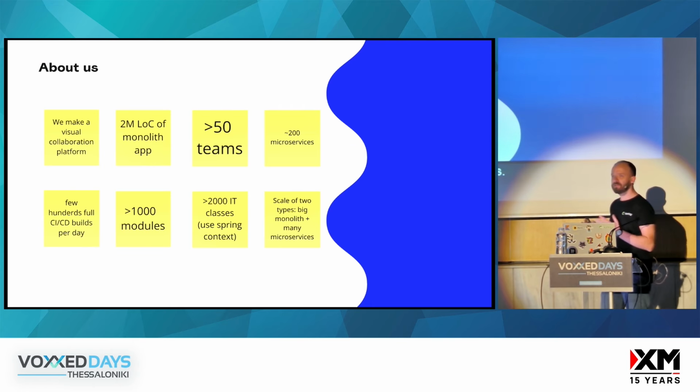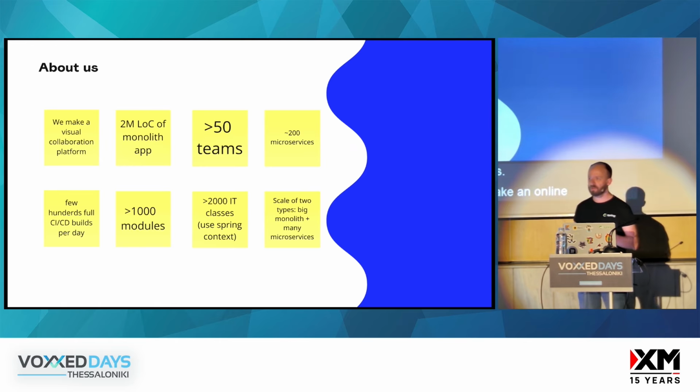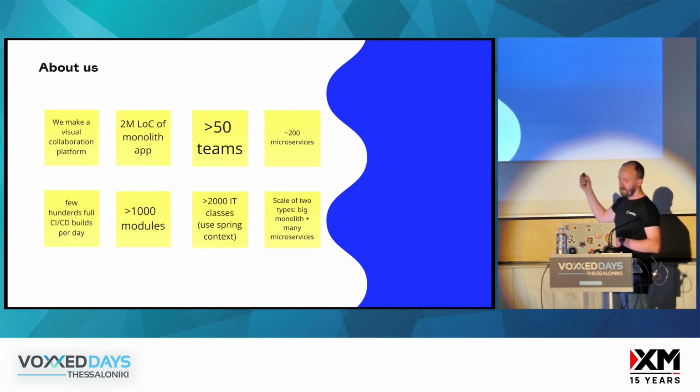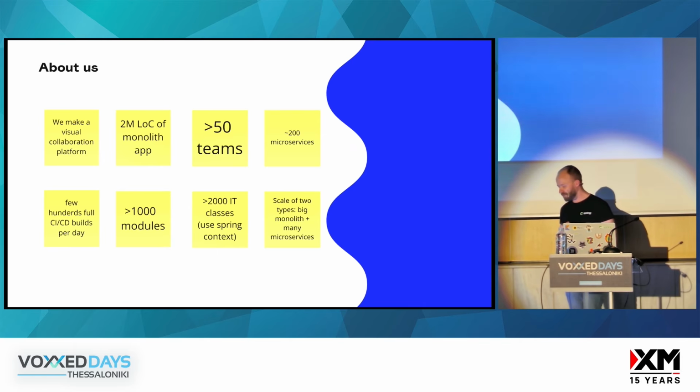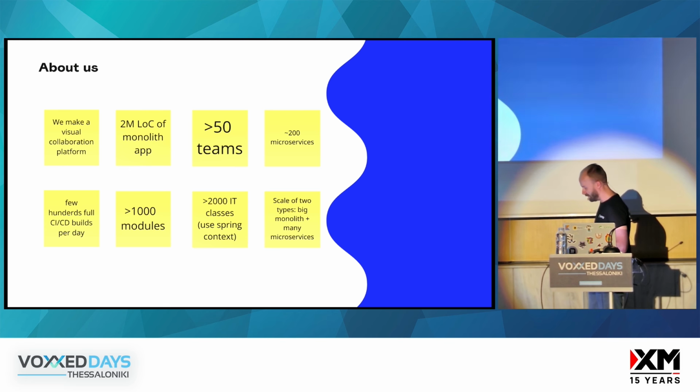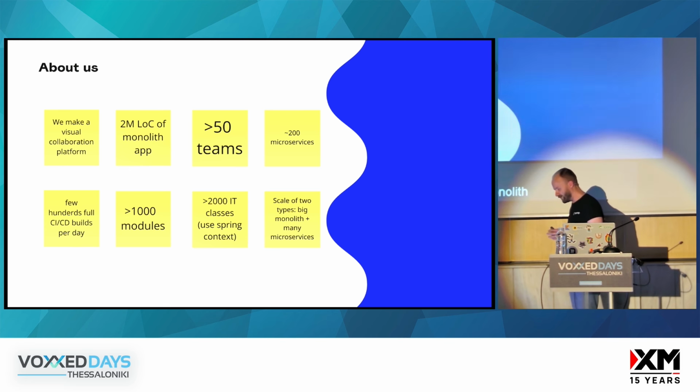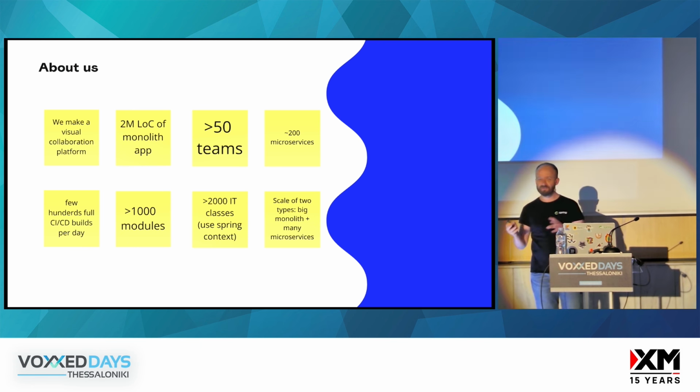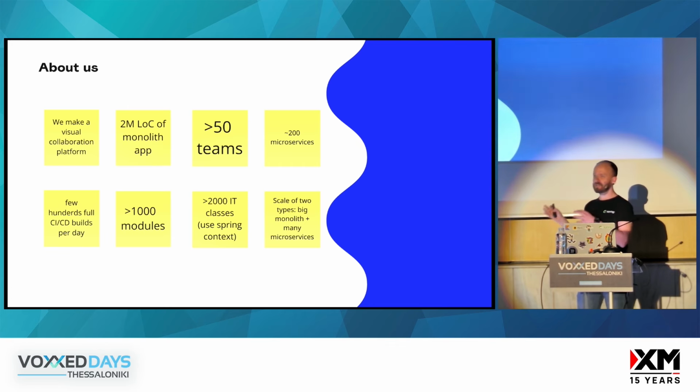So at Miro, we make online whiteboards for collaboration. Anybody using Miro here? Nice. So we use it daily. We haven't decided which way to go, so we have both a huge monolith and around 200 microservices. The problems that we have there are a bit different, but both are about scale.